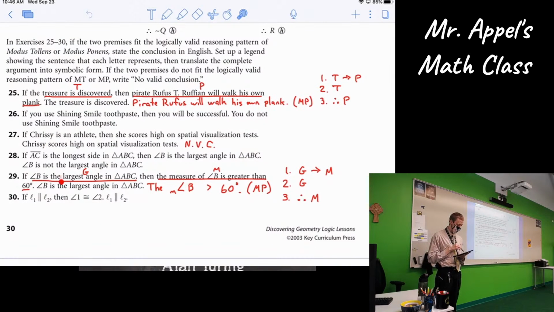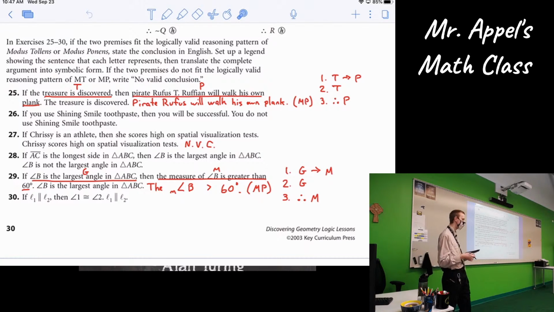Number 29. If angle B is the largest angle in triangle ABC, then the measure of angle B is greater than 60 degrees. Angle B is the largest angle in triangle ABC. Therefore, the measure of angle B, I've cheated and used a bit of shorthand here.